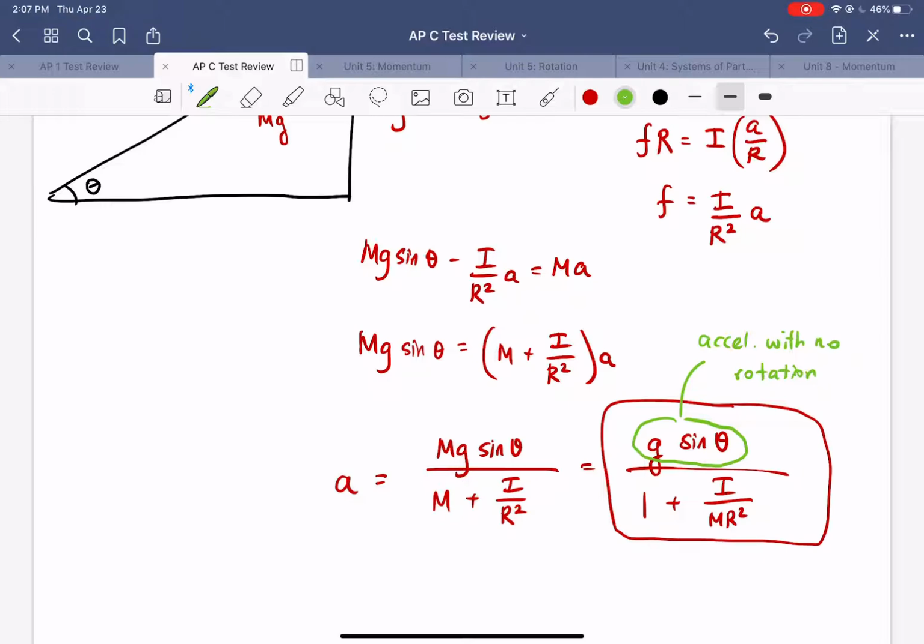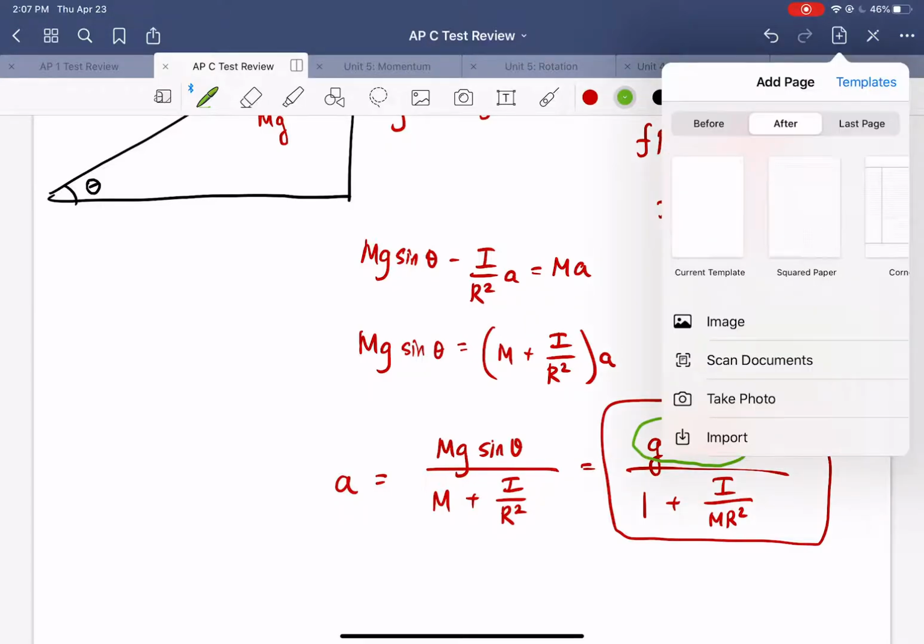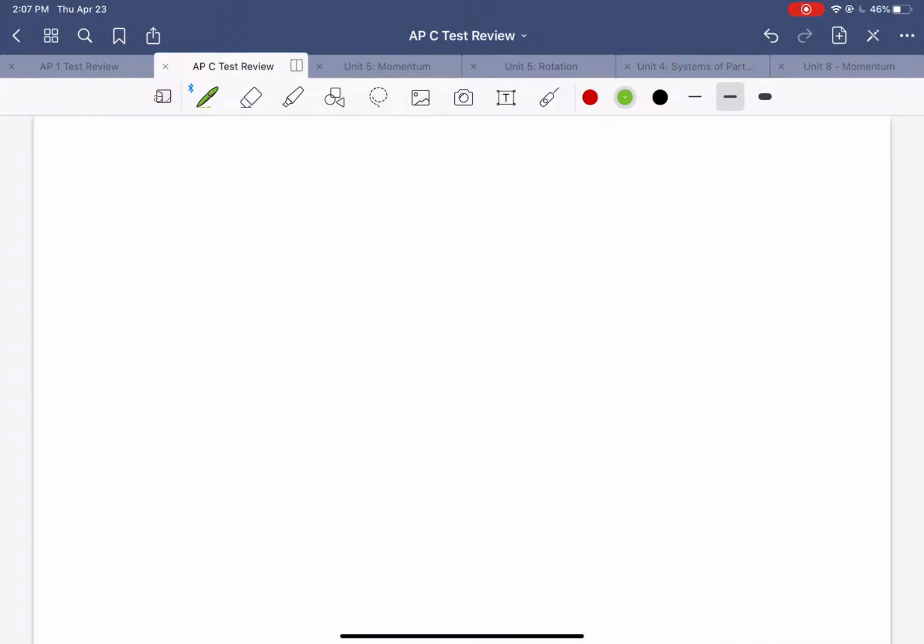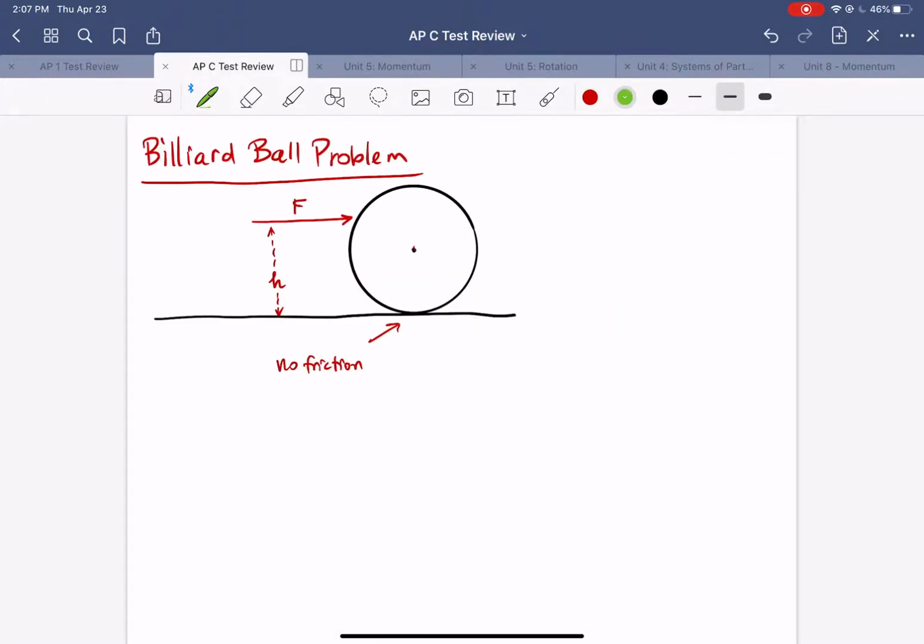All right, so next let's look at a different type of rolling without slipping problem. So actually call this one the billiard ball problem. So the idea here is we have a billiard ball, or just some kind of round object, on a frictionless surface.